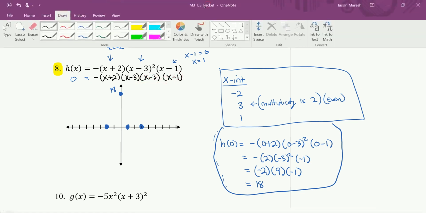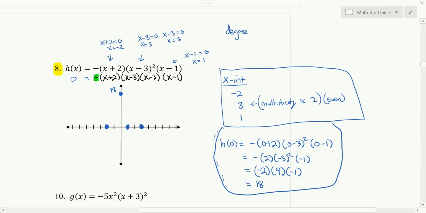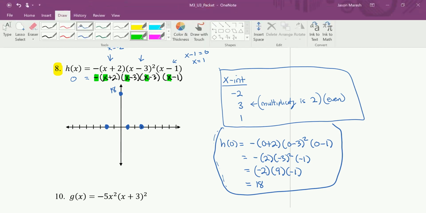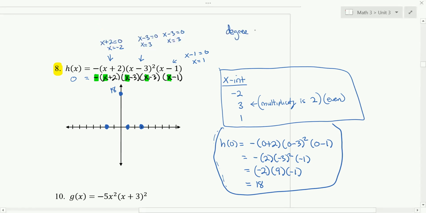And the pieces we need to multiply together are the negative, the x, x, x, and x. So the highest degree of each factor here. And we end up with negative x to the 4th power. So our degree is going to be 4, and our leading coefficient is going to be negative 1.